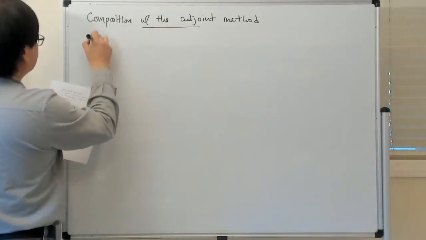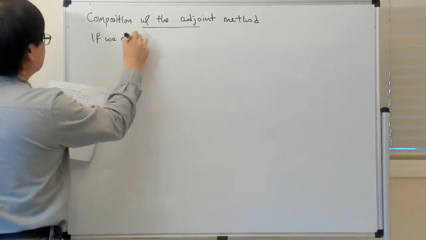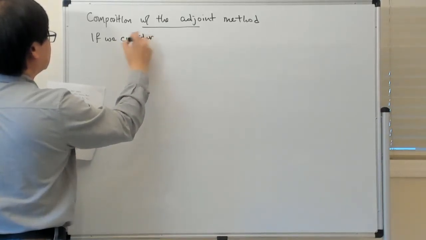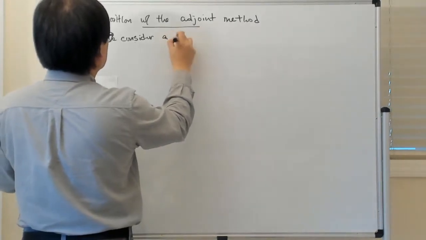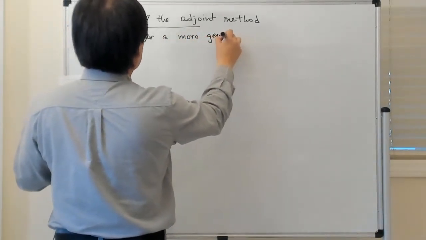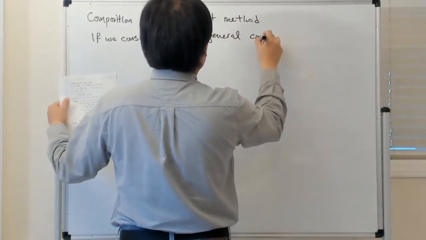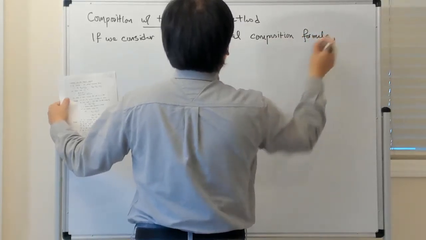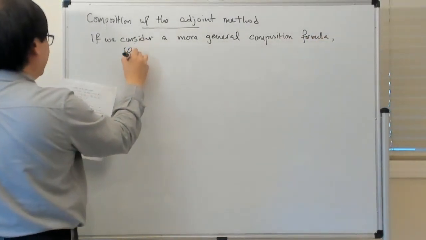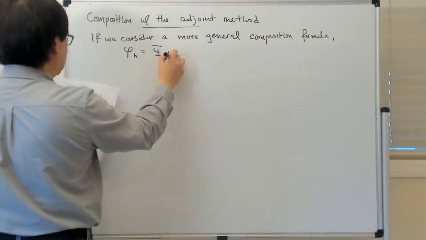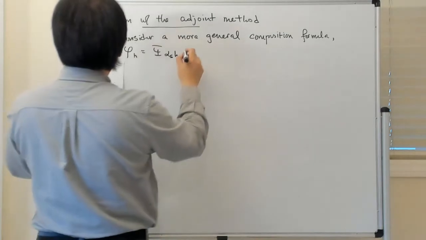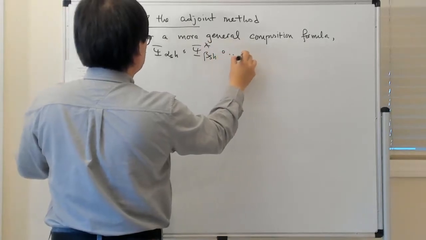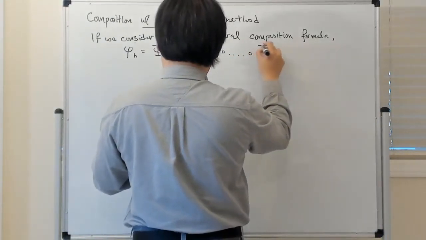Okay, so if we consider a more general composition formula, which looks like the following. You can look at the composition method, which is the composition of the underlying one-step method with its adjoint, and then you keep doing this.